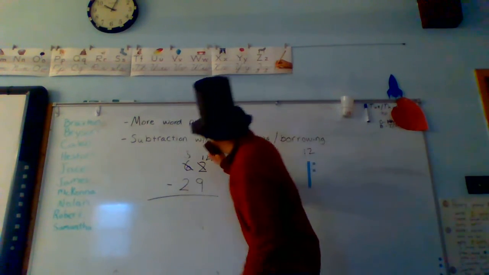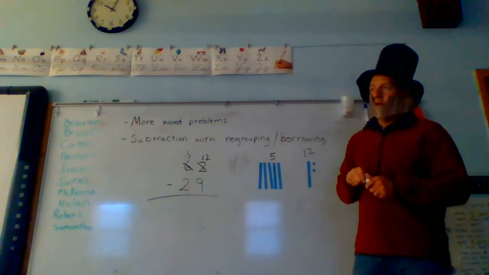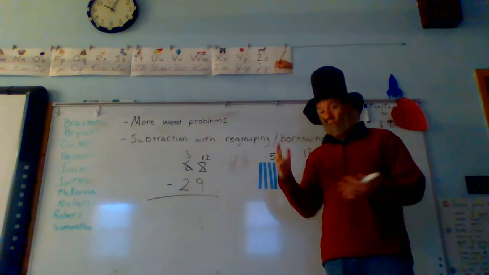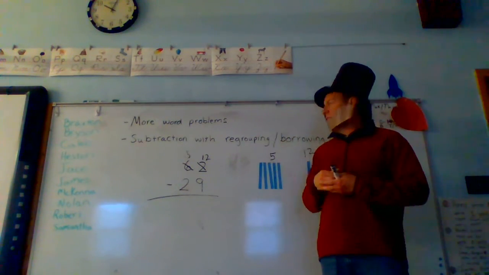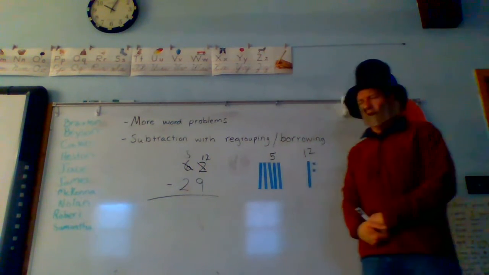12 minus 9. Now you can either count back 12, 11, 10, 9, or you can count up. And I know you learned that in first grade. 12 minus 9 is, think about it. I'll give you a second to think about it.